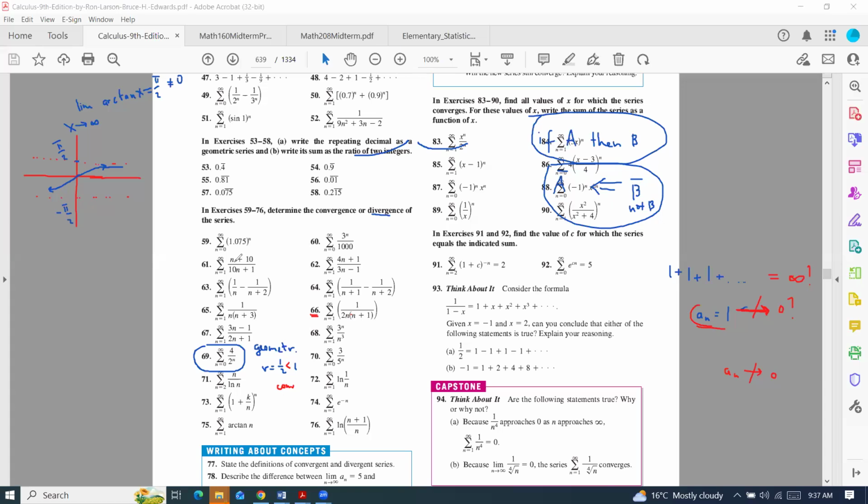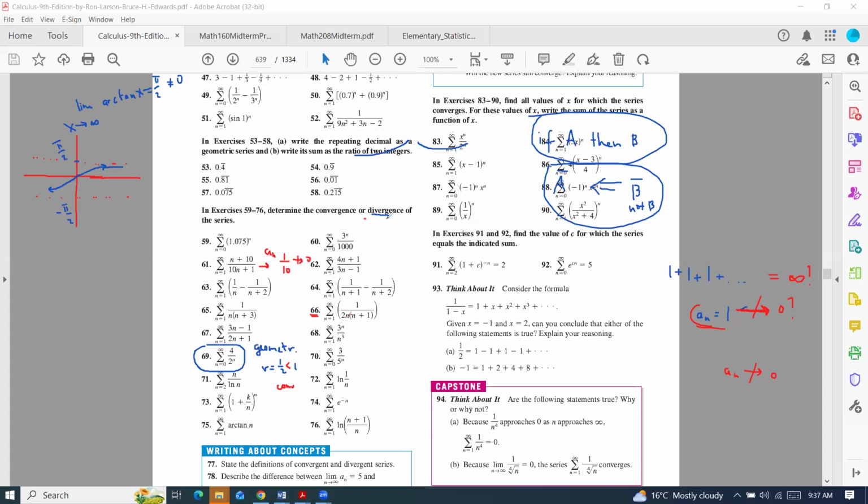Like 61, is this approaching 0? No, it approaches 1/10. The nth term is 1/10. Is it approaching 0? No.